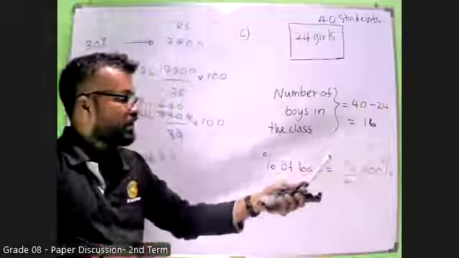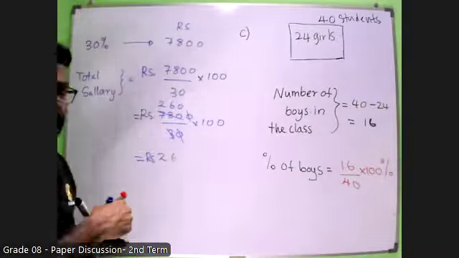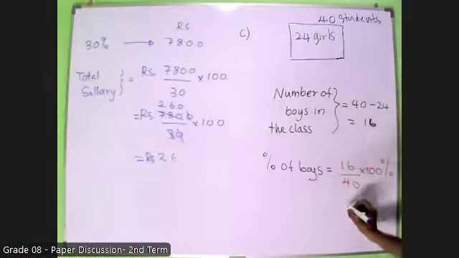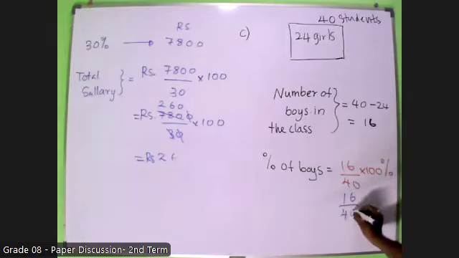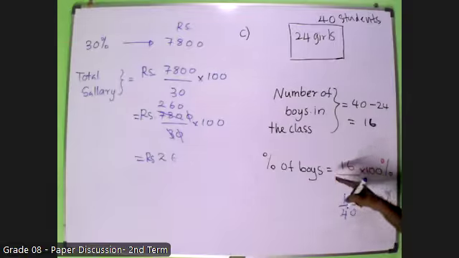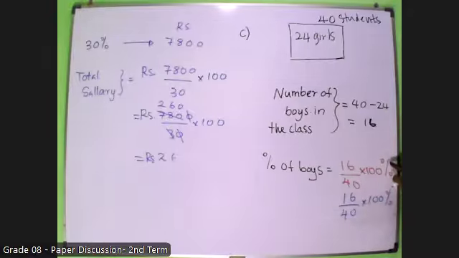So this is very easy. So you need to simplify now. So I will rewrite this one so you can understand. 16 divided by 40 multiply by 100%. If you want to take the percentage of something, you need to multiply it by 100%.